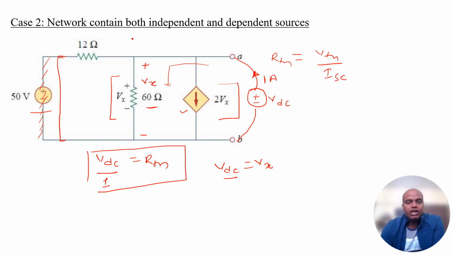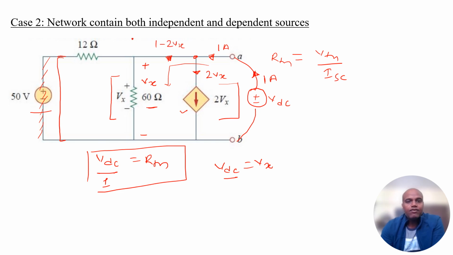For that, we can easily see that at this node, if I apply KCL, this incoming current, which I have assumed to be constant at 1 ampere, and this is the outgoing current, which is nothing but 2Vx. So this current is nothing but 1 minus 2Vx.